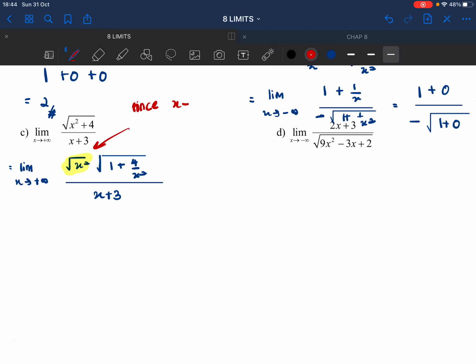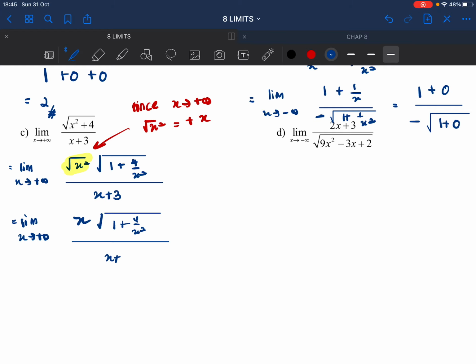Since x approaches positive infinity, square root x square is equal to positive x. So here we change square root x square into positive x. The inside, don't touch, we will still have 1 plus 4 over x square over x plus 3.